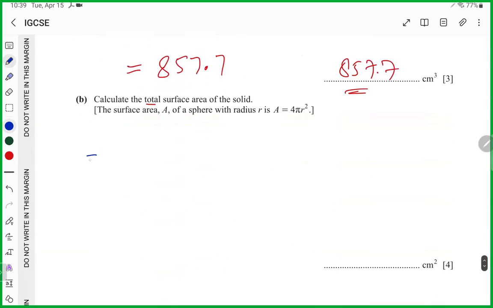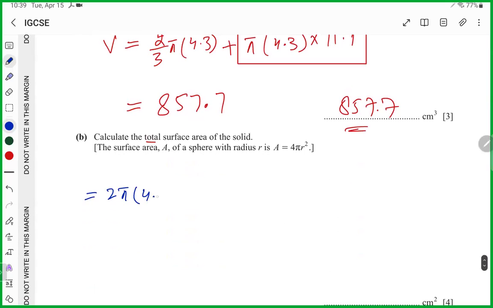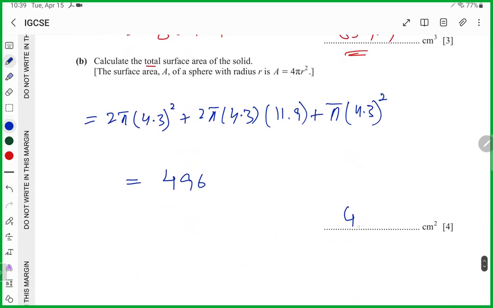So it is going to be 2 pi r squared, where the radius was 4.3, so 4.3 squared, plus 2 pi times 4.3 times 11.9, plus pi r squared. So this whole thing is going to be approximately equal to 496. Done?